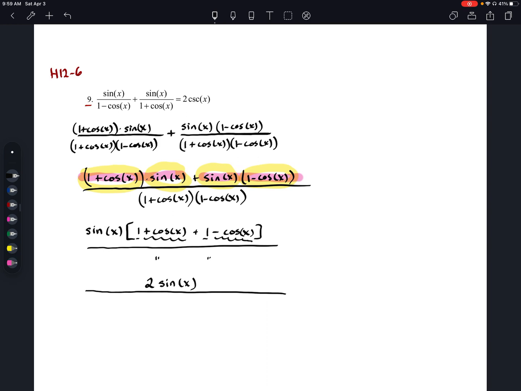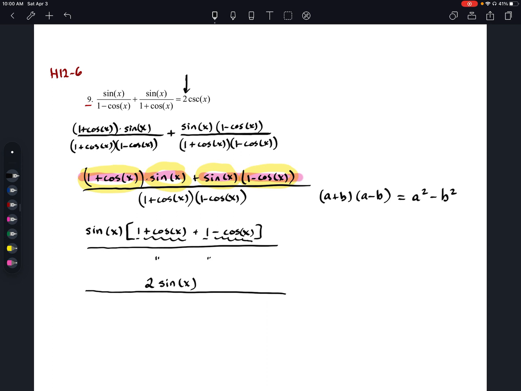Okay, well, that's good, because we see that we have this 2 in ours, but it's cosecant that we have on the right side of the identity. So then let's go down to the bottom. If I have 1 plus cosine of x times 1 minus cosine of x, isn't that like an a plus b times an a minus b? So we know when we do that, we'll get an a squared minus b squared.